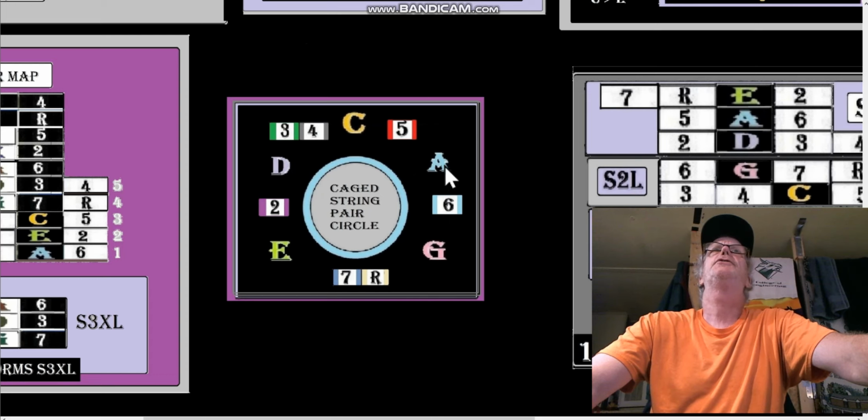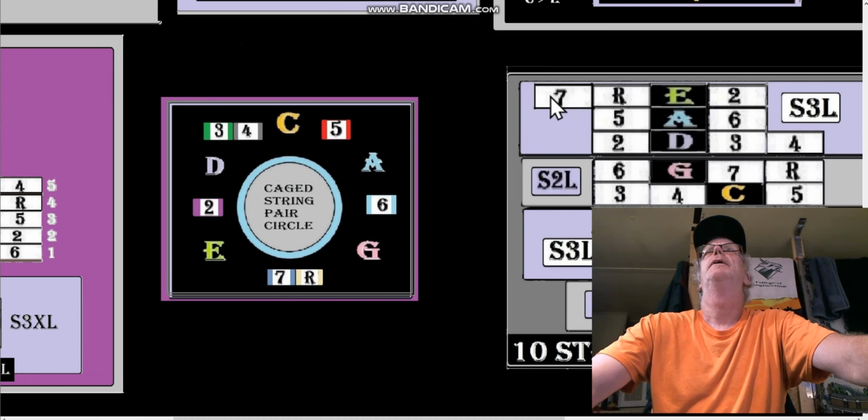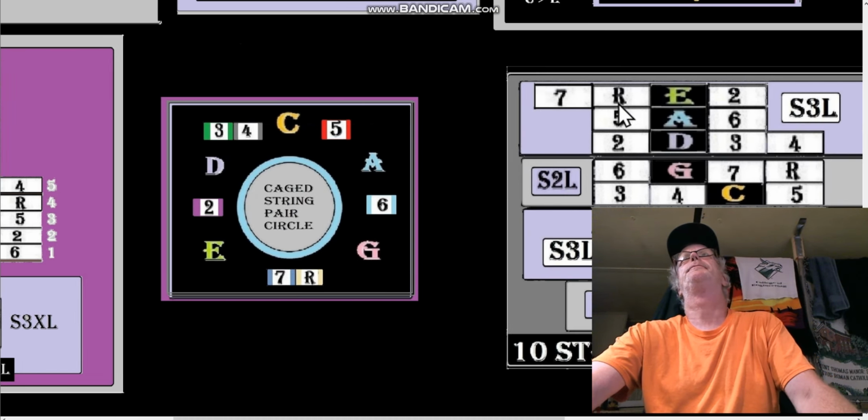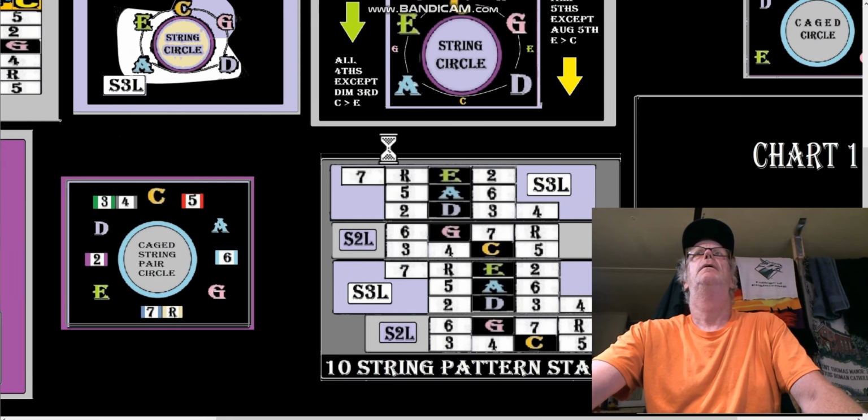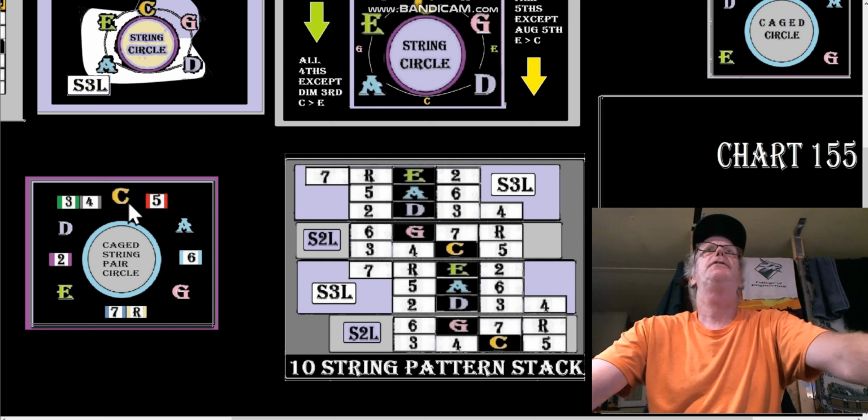But now it's showing what notes are shared between each of the string shapes. So between C and A shape, we've got C and A right there.